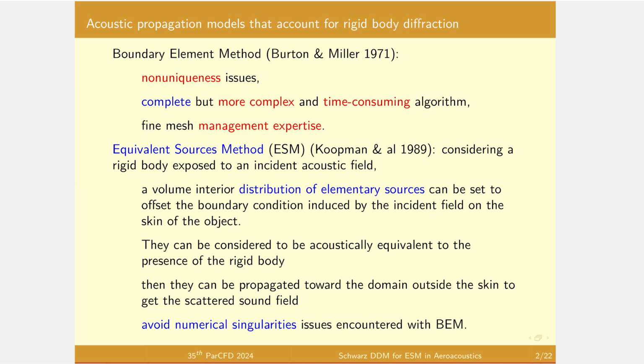Then we can repropagate the acoustic field outside the body, and this can be considered as equivalent to the presence of the rigid body. So this avoids numerical singularities that we can have in BEM.